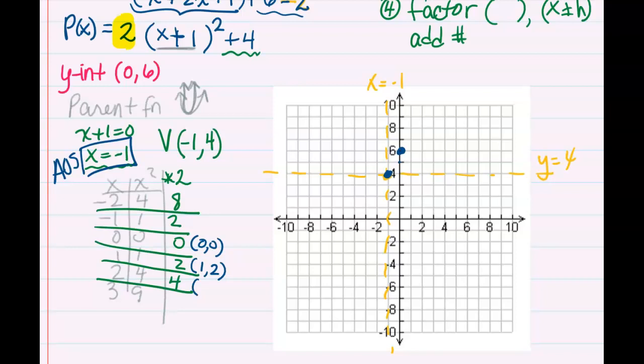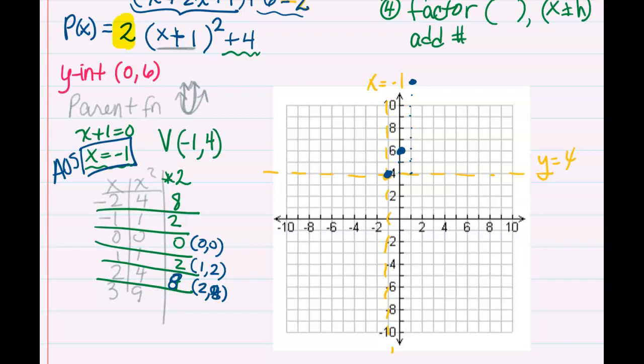And then the next point is 2, 4. So I go to my new origin, my vertex, and I go over 2 and up 4. Oops, not 4, 8, because I have to multiply it times 2. So that's how I'm going to get 8. So over 2, then 1, 2, 3, 4, 5, 6, 7, 8.